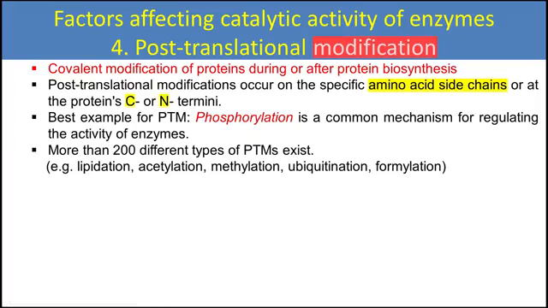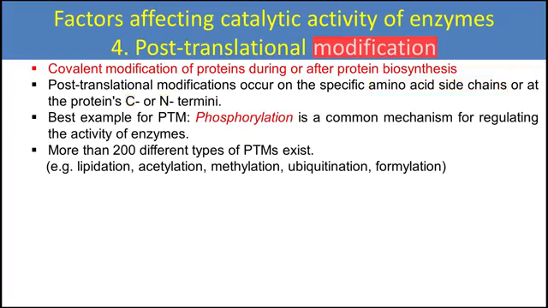But the point is, when the protein enzyme is chemically modified through a covalent bond, that is called post-translational modification. Through this modification, the enzyme activity can be increased or decreased. This is another layer of enzyme activity regulation.